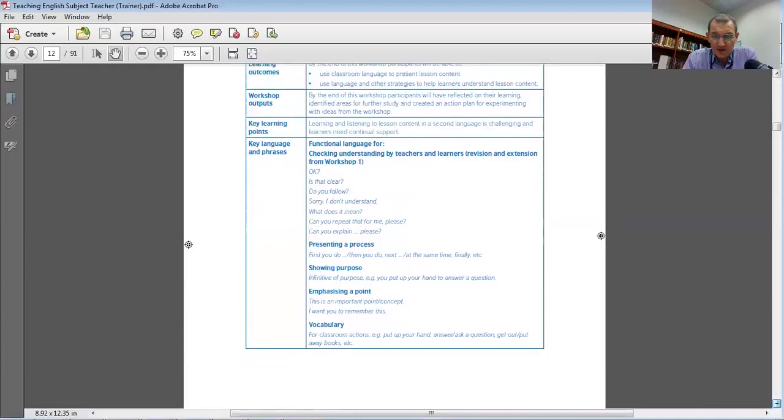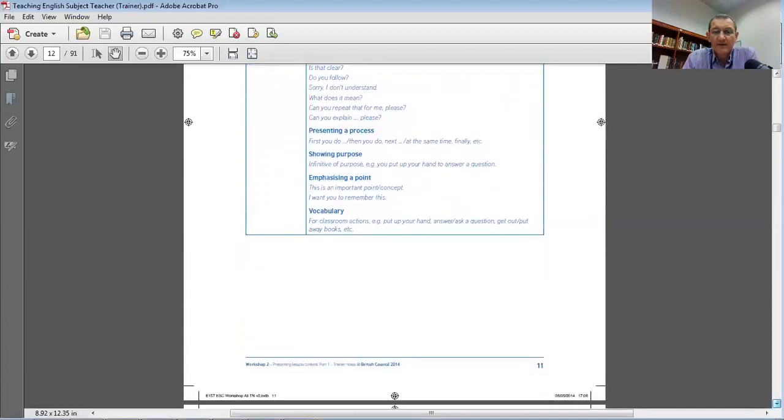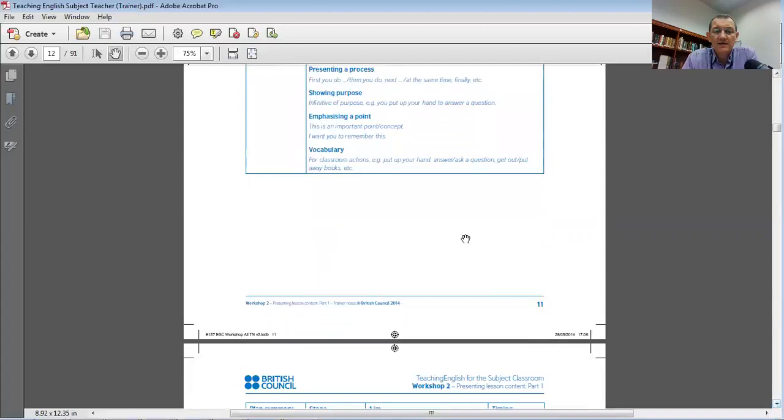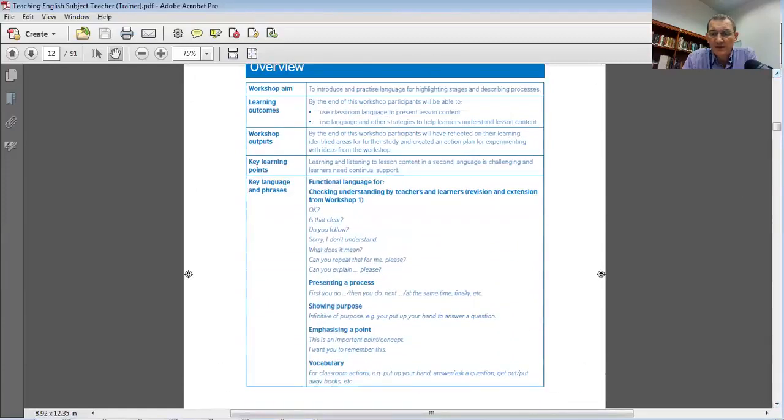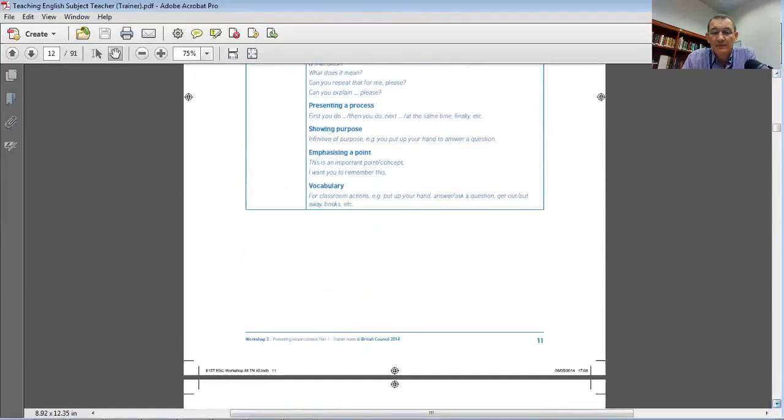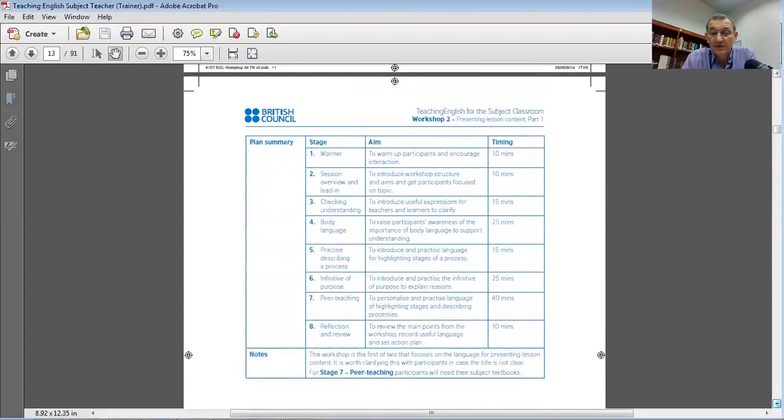So these are general classroom verbs, classroom actions. Put up your hand, answer or ask a question, get out your books, put away your books, etc. So these are the language areas that we hope participants will become more confident in.